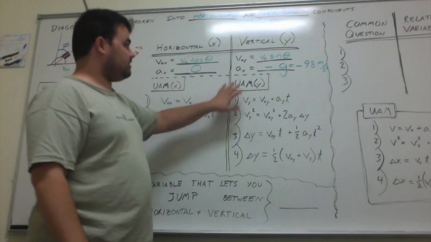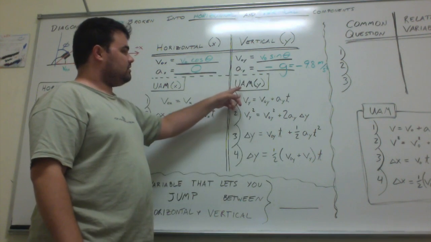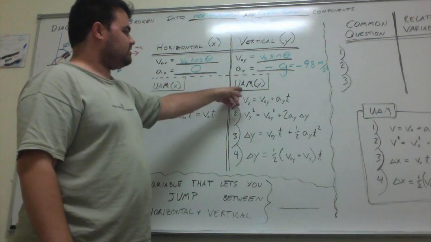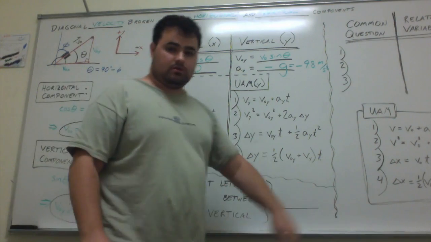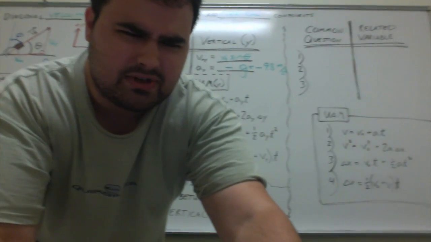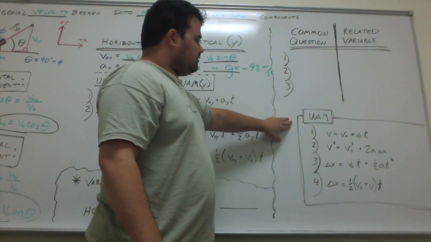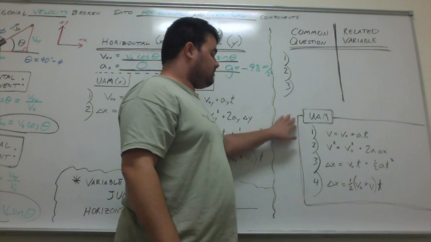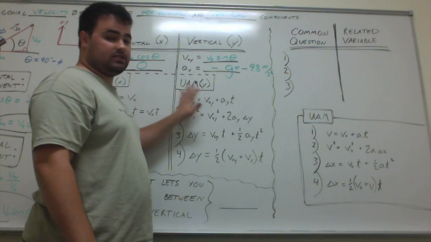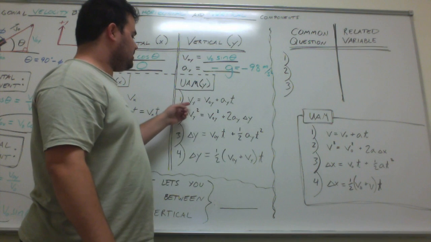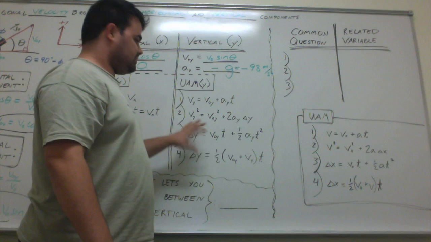If you notice here on the right side, in the vertical column, the uniform acceleration equations are the same as the previous video. Delta x's became delta y's. We put our y subscripts on everything that needed them. Same as the previous video.